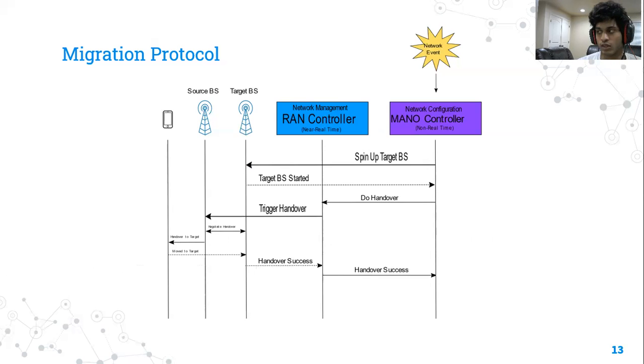And then once the MANO controller receives this acknowledgement, it'll then remove the source base station from the network. And so that effectively emulates the movement of a UE and a base station from its given position or piece of spectrum to a new position or piece of spectrum.